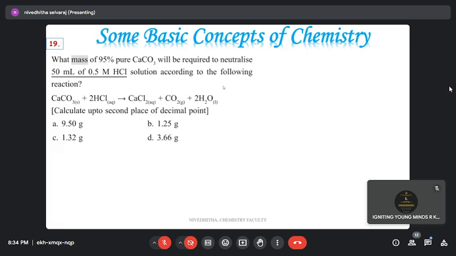Is it balanced? No, it is not. Fine. So let us balance this. It's not a balanced equation. Please balance. Yes, it is not balanced, Kanna. Can you please balance and let me know? So you have to be very careful. Whenever you are provided with the equation, please make sure it is balanced or not.